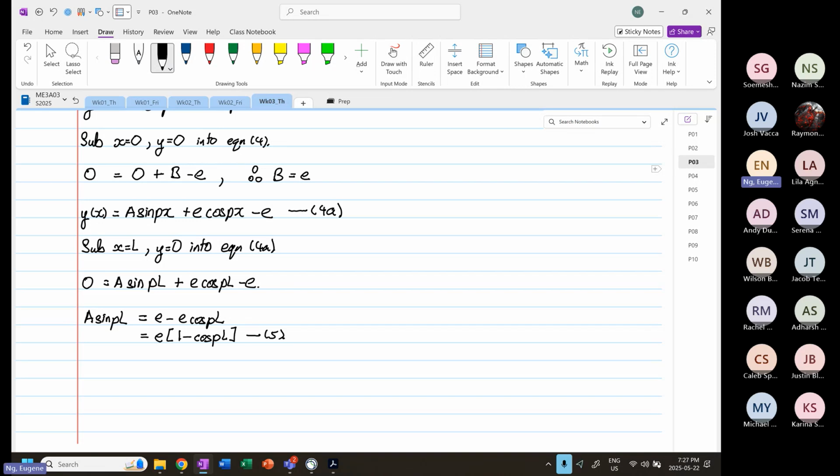Okay, so just to quickly remind, e is the eccentric distance of the axially applied load. Okay, just in case we could not remember.